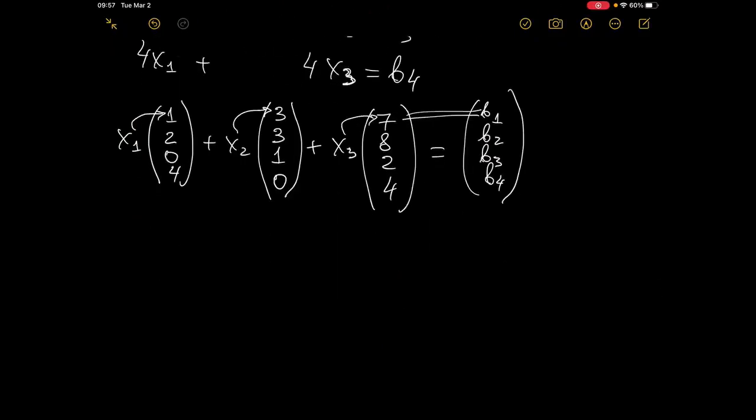So now, what will be the coefficient matrix? It's exactly these columns, right?